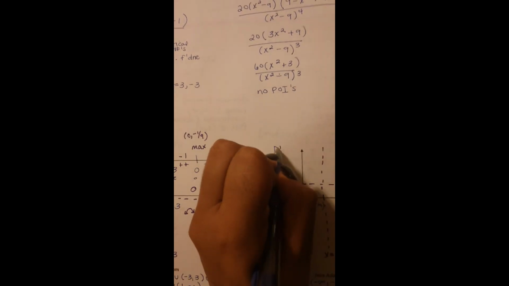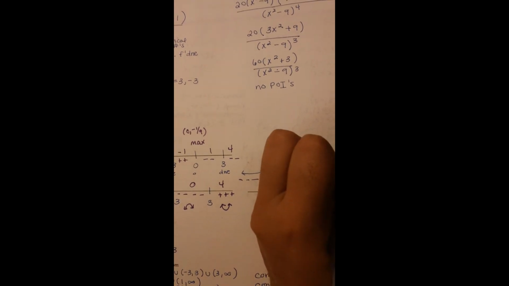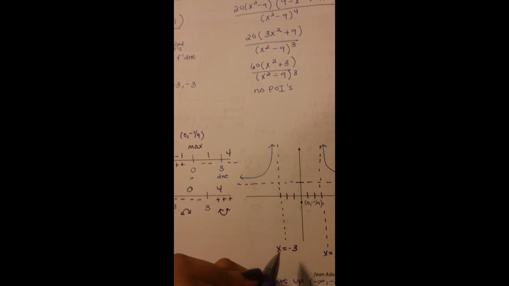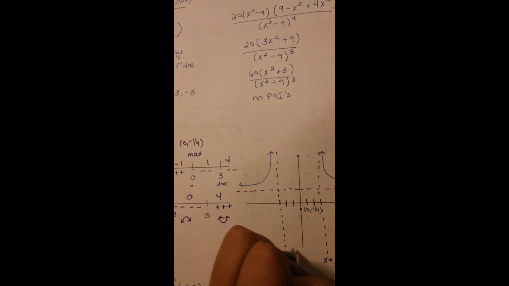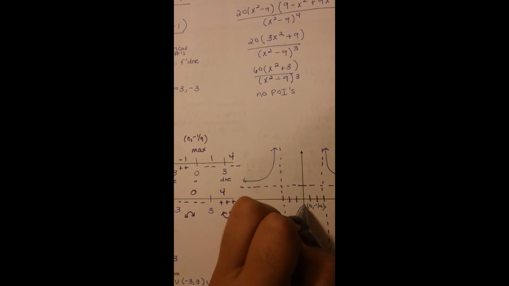And it's increasing from -infinity to -3, it decreases from 3 to infinity. It increases from -3 to 0, and it decreases from 0 to 3. And there's the graph.